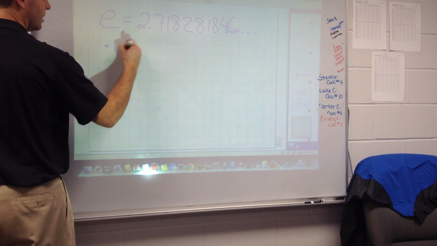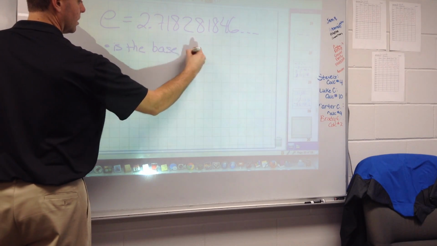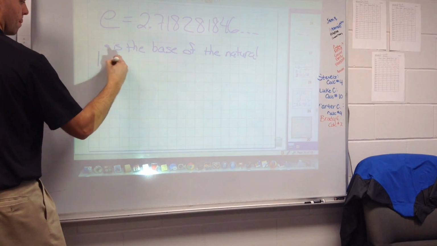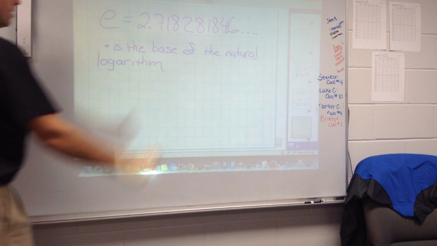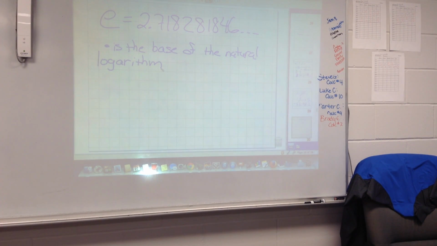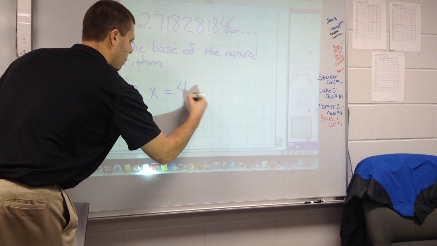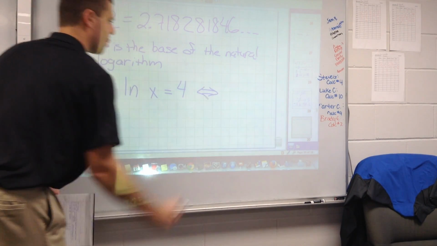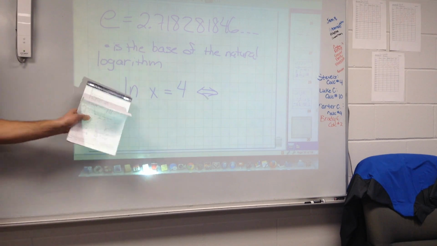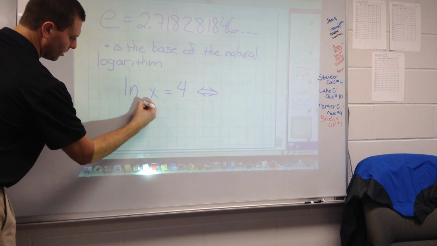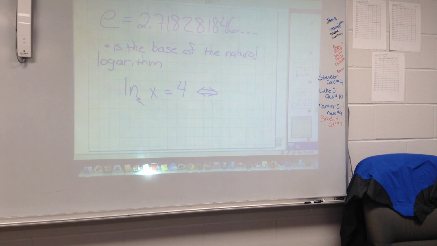e is the base of the natural logarithm. For instance, if you see ln of x equals 4, it's like there's a little e right there. e is the base of the natural logarithm.